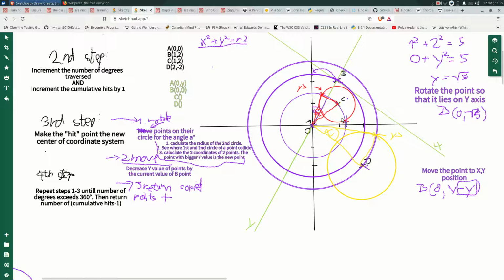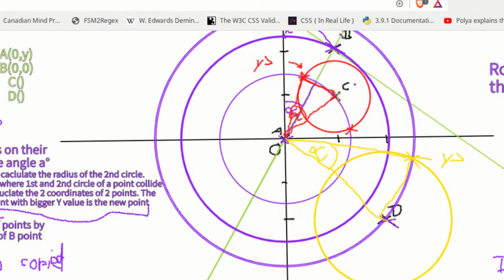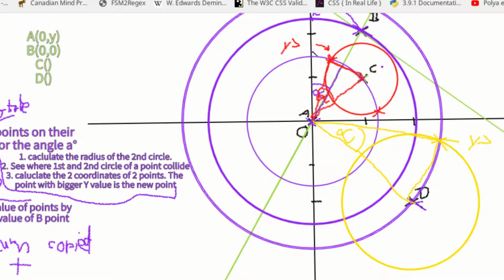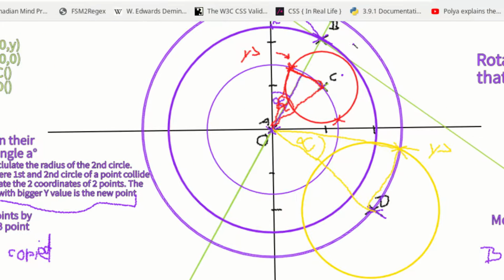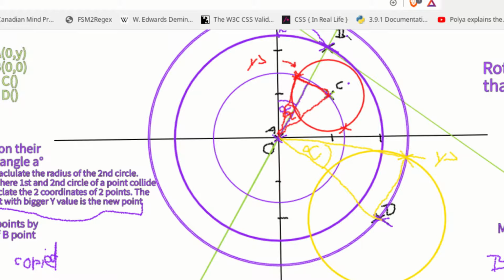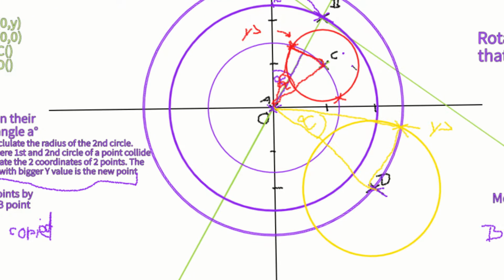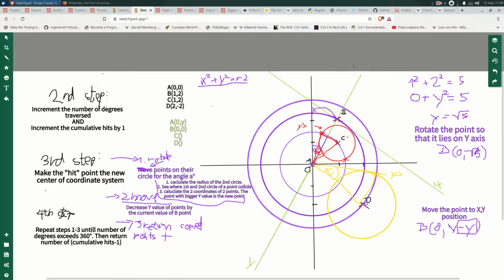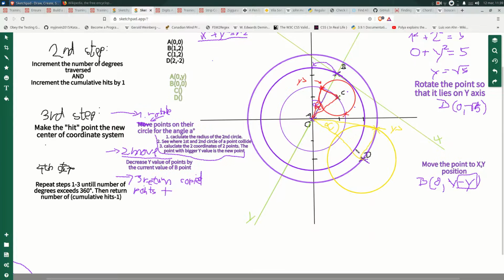I think I have made a mistake before. I think we need to rotate, because I think this is like a mirror. Yeah, we need to put C over here. So that would mean that the C has less x value than B, but actually should have more x value than B. So we say we do that.